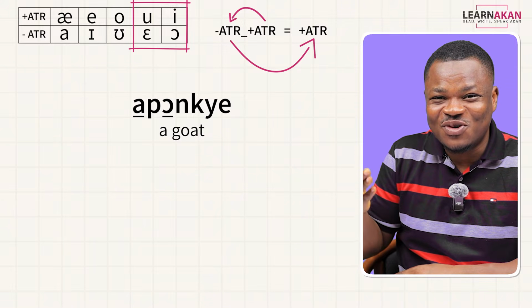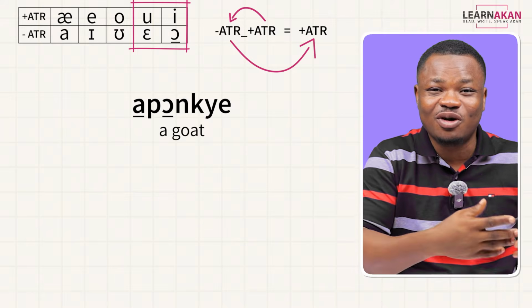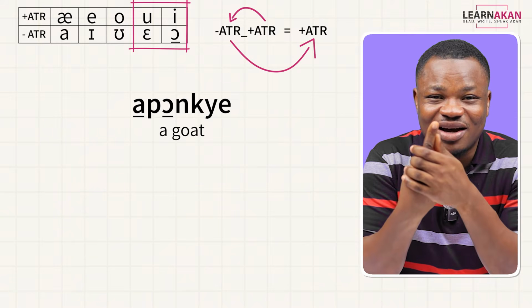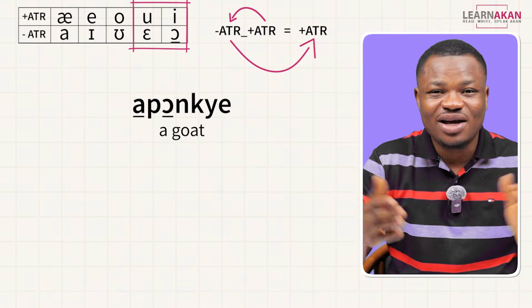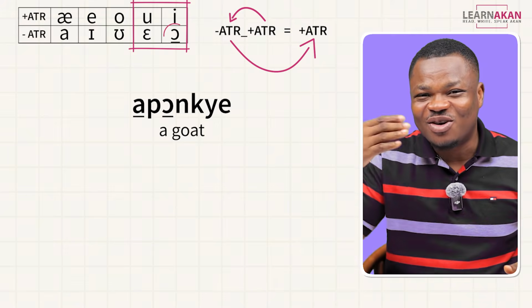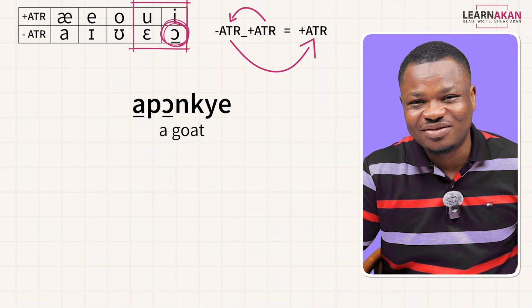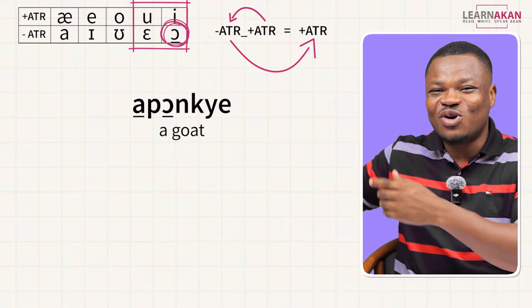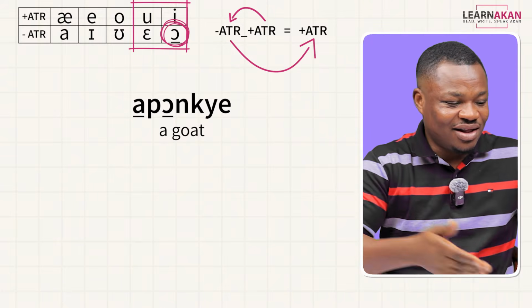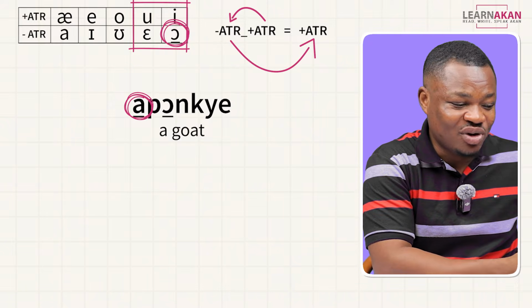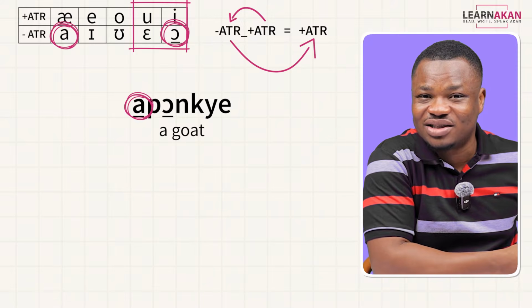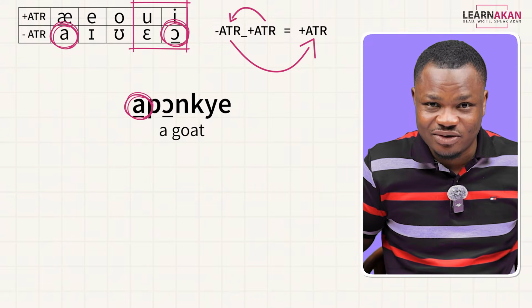O. And we know O is one of the four that comes with just a single sound, right? So O is always O, and O is minus ATR. Now, once we know O is minus ATR, then this vowel A in front will be pronounced as the minus ATR version, which is the regular A sound.